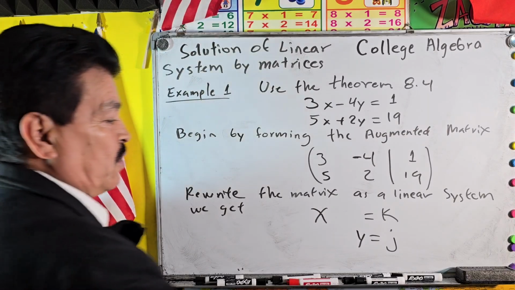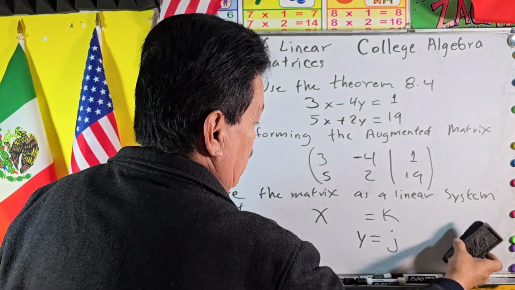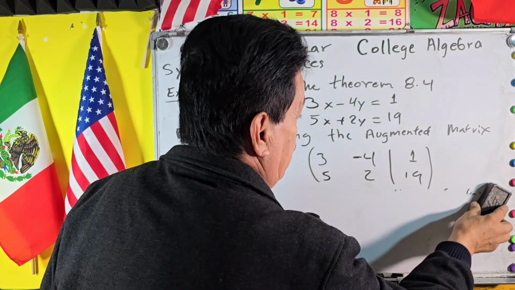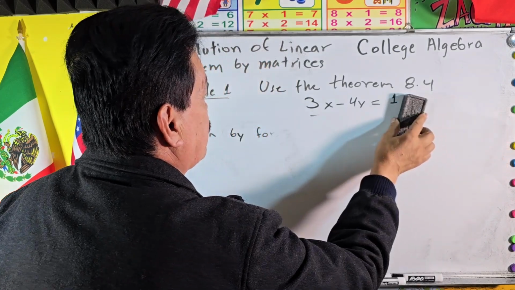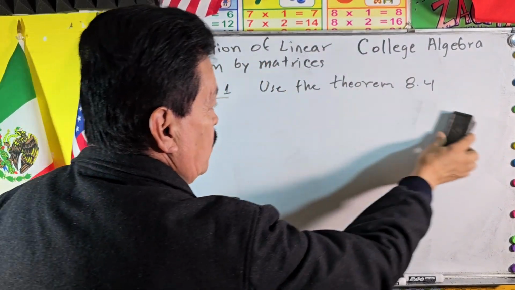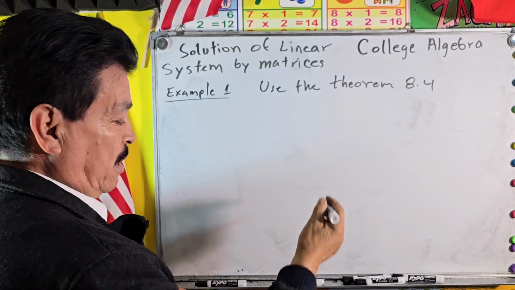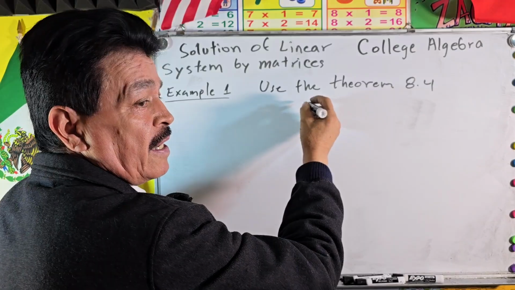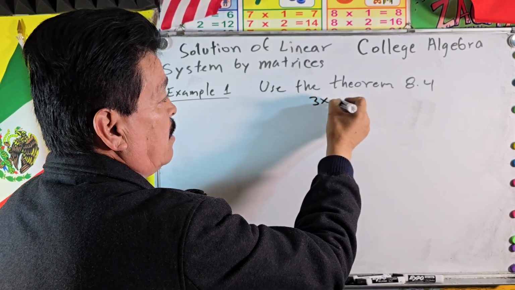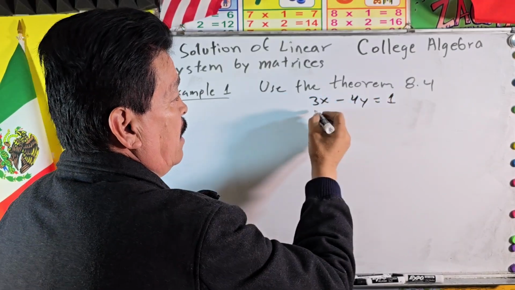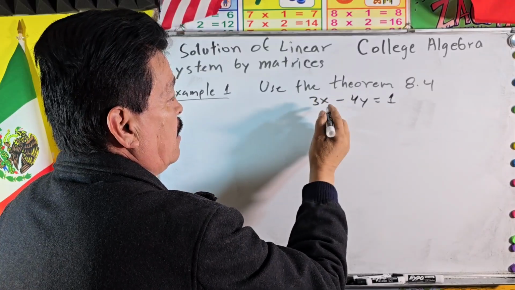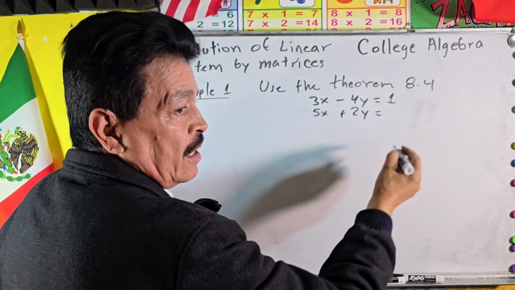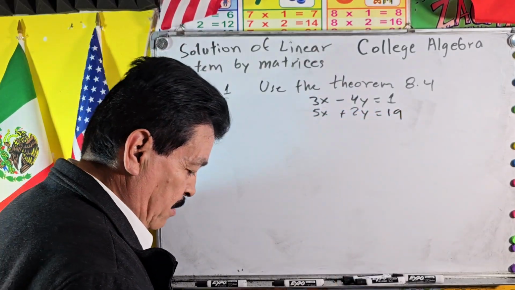All right, let's go to the next step. I will erase it. Oh, I need to keep that. Sorry, I erased the problem. I need to keep it. So write 3x minus 4y equals 1, and then 5x plus 2y equals 19. Right? So that's the problem.